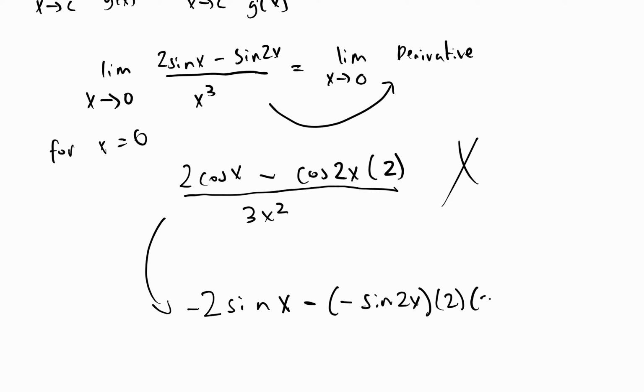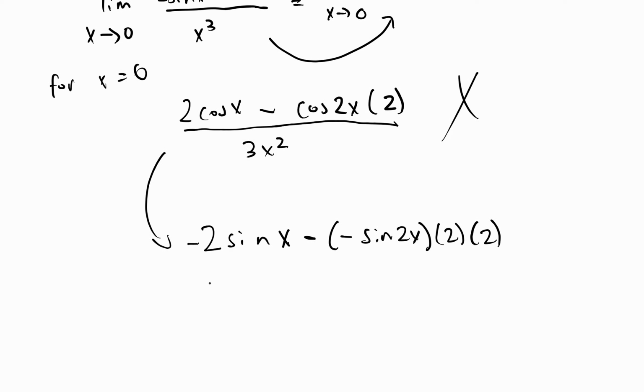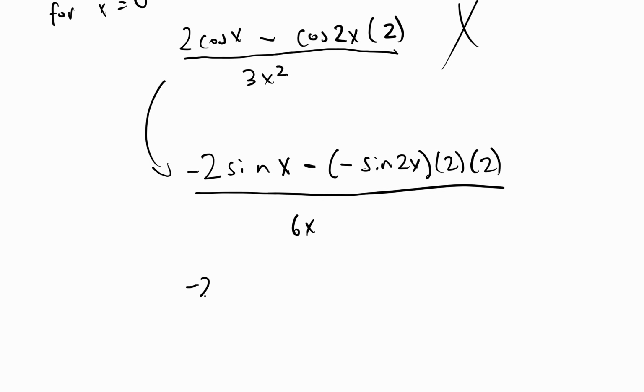The derivative of 2x is just 2. And the bottom is 6x. If I rewrite this, we get negative 2 sin x plus 4 sin 2x over 6x.